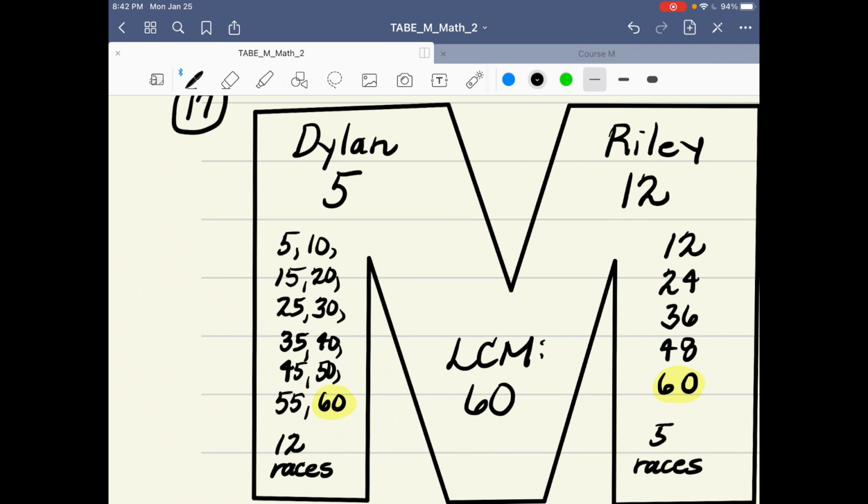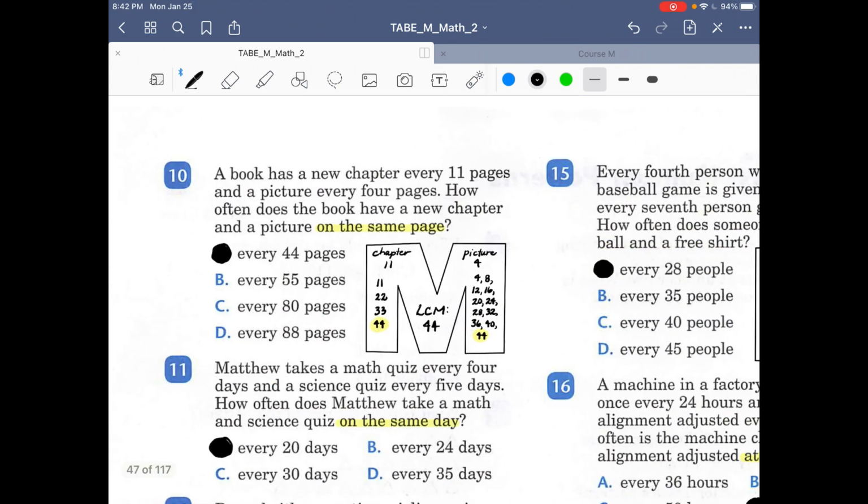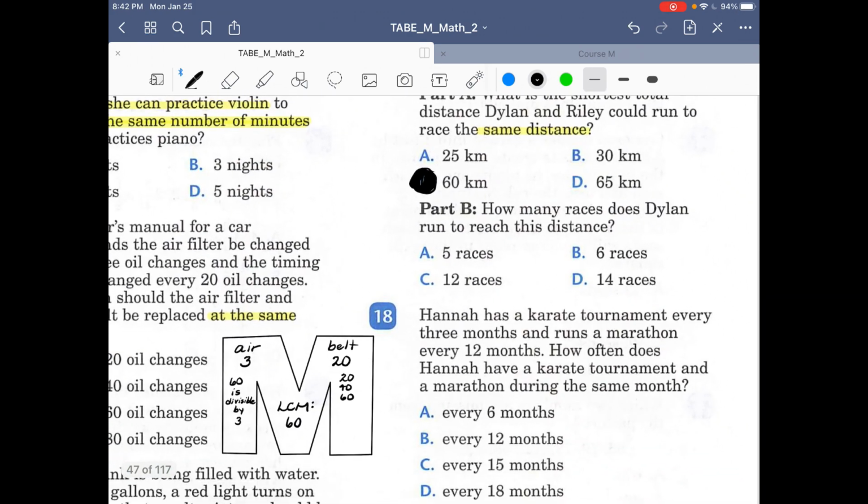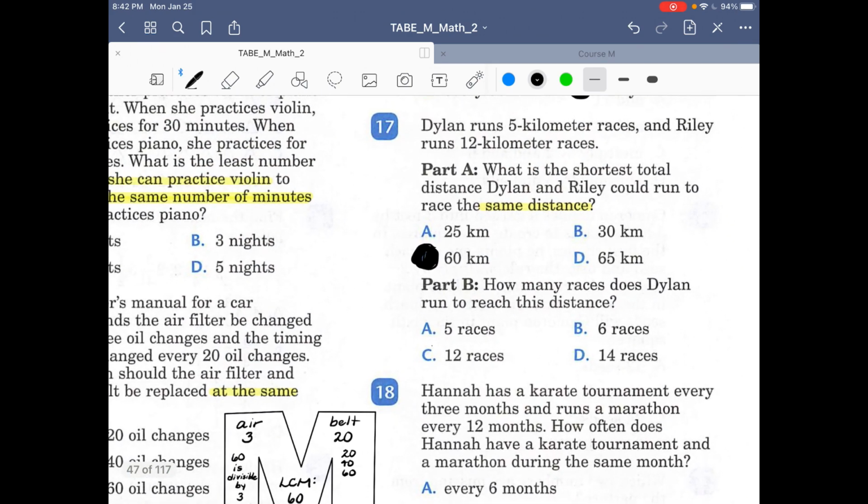But the question is, how many races must Dylan do? So it's going to take him 12. So for number 17, both parts, I would choose answer C. And you would have to answer both parts of that to get full credit.